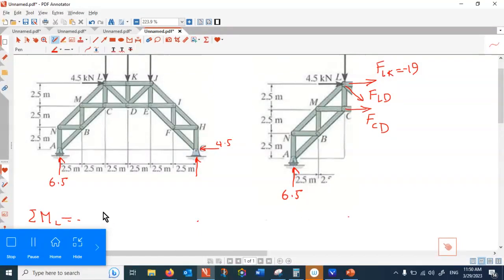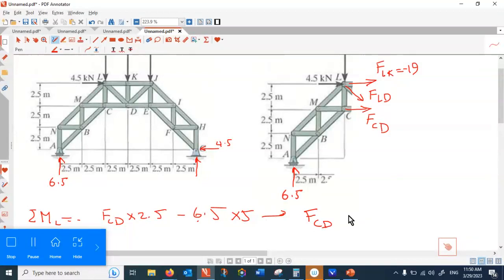That is FCD multiplied by 2.5, positive. And then 6.5 makes a negative rotation, minus 6.5, and the arm of rotation with that is 5.